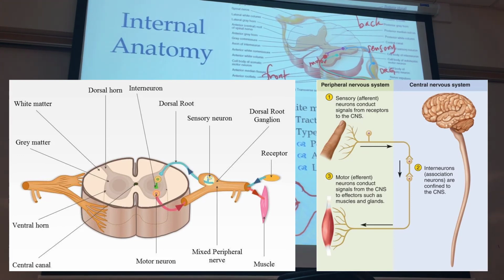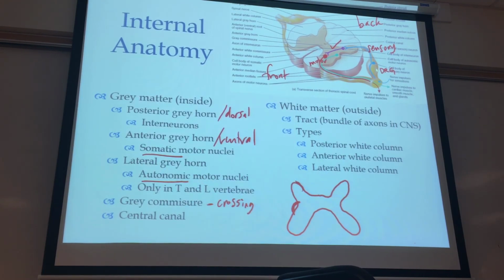We'll learn more about those, especially in our peripheral nervous system lecture. For now, I just want you to be familiar with the direction of travel. Sensory information travels in, interneurons, motor travels back out. If you look at the direction of travel of sensory information, afferent information goes in through the dorsal root.